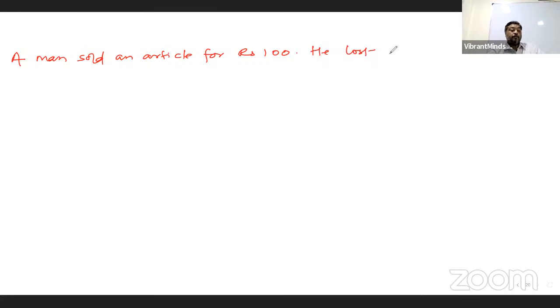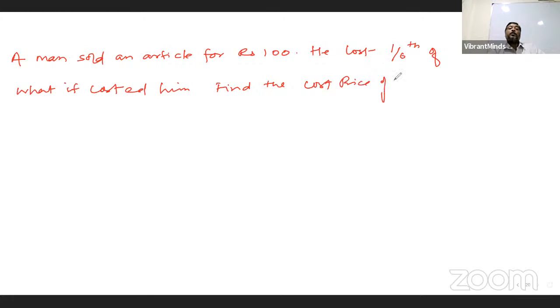He lost 1/6 of what it cost him. Find the cost price of the article.